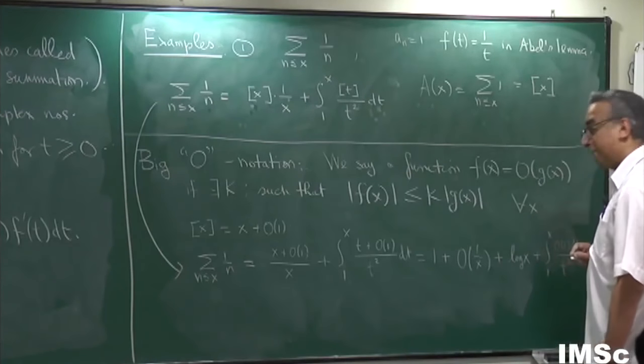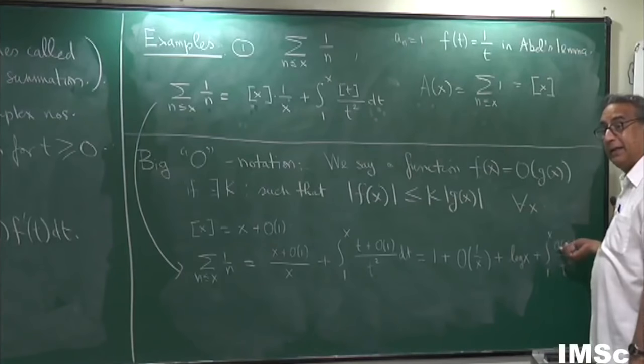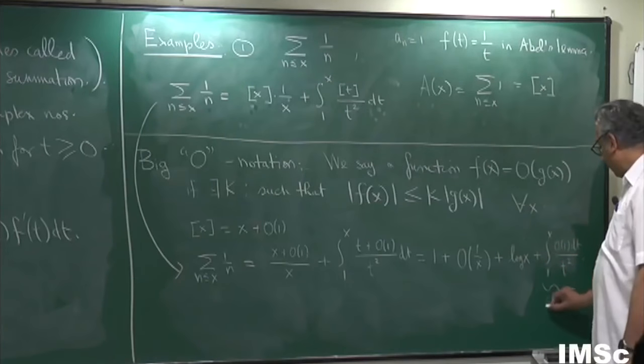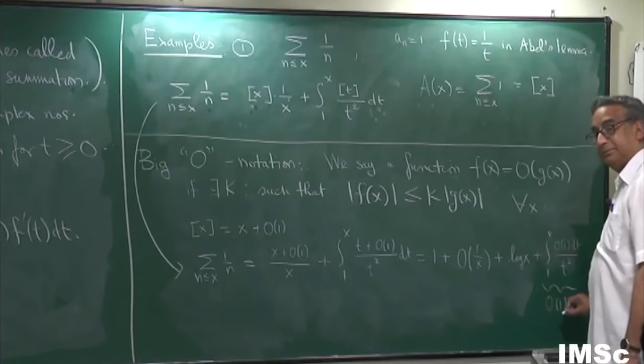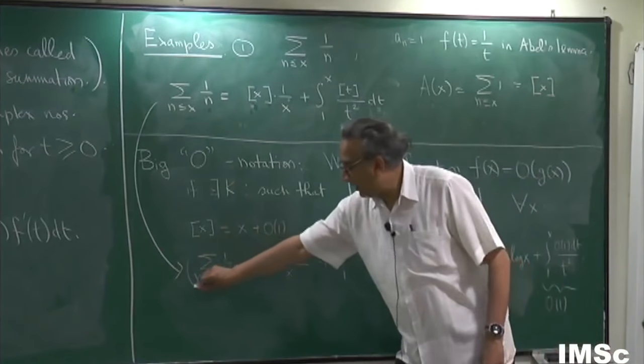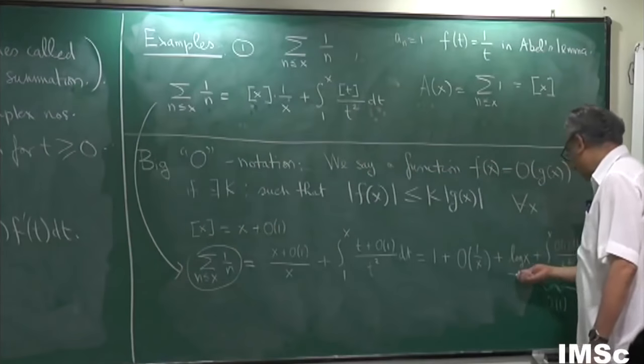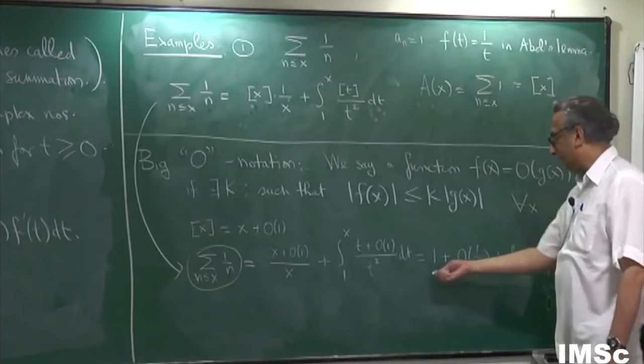Okay? And so this is something bounded. This is a convergent integral. So this whole thing is O of 1. Bounded. So in other words, I've shown that summation n less than or equal to x, 1 over n, is equal to, this is the main term, but everything else is bounded.